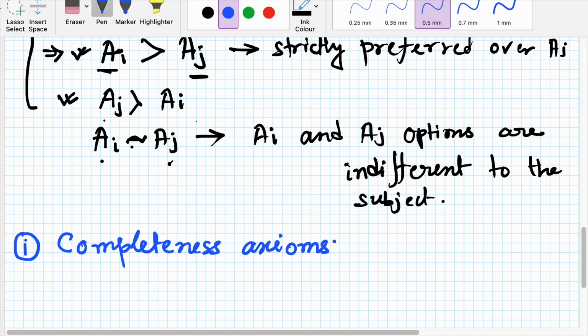It seems very natural, and this is called the completeness axiom or completeness assumption.